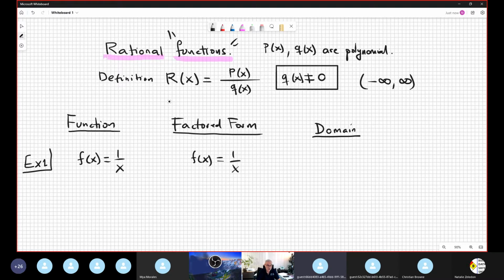Well, you will see in a few seconds, it's possible. The domain is all real numbers except 0. 0 is the bad guy, because when you try to plug in 0, let's see what happens. 1 over 0 is undefined. Okay, that's it. The domain is all real numbers such that x is not 0.